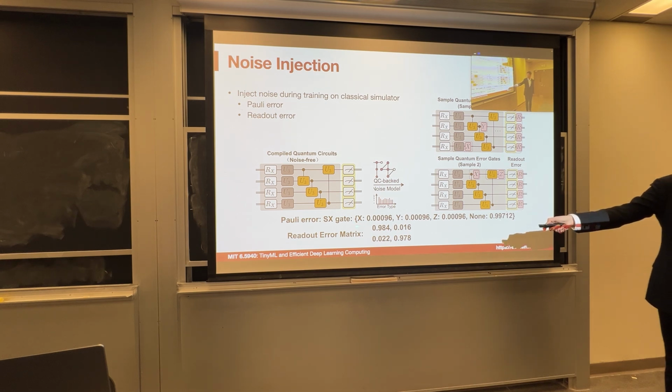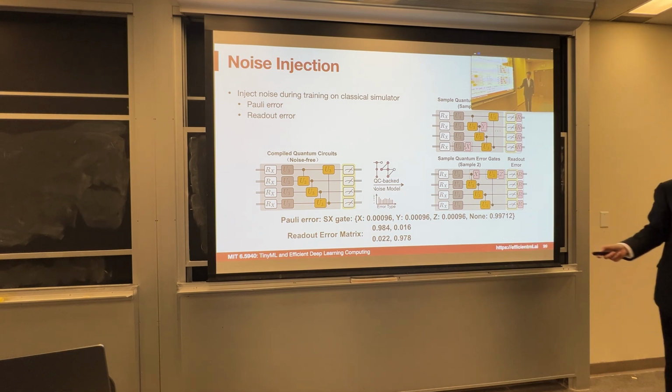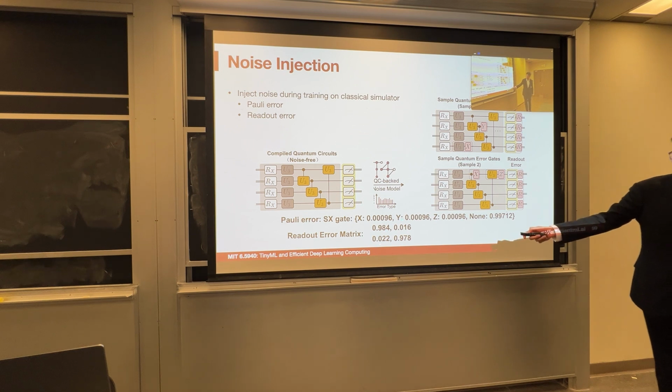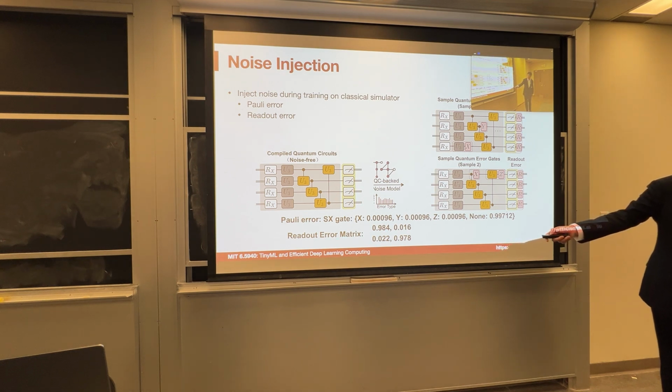But there is some other probability, around 0.001, that there will be an X error, and also the same probability for Y and Z error. And also here we have the real readout error matrix.